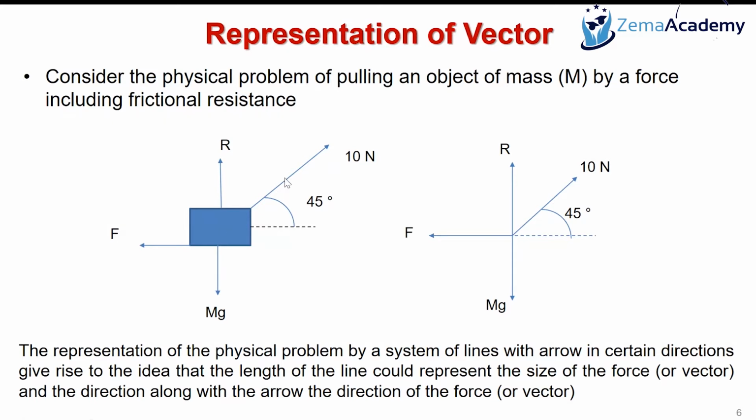For that matter, the figure next to it is showing you the actual diagram with the forces resolved. You will see that the force is being applied in this direction, and the force is also being applied in this direction, and it's going to push or pull the object in one way or the other direction. Similarly, the other force that is acting on this body is the weight of the body, which will act in the downward direction.